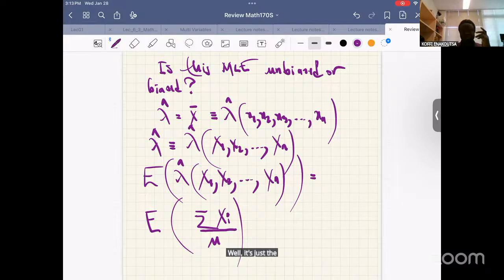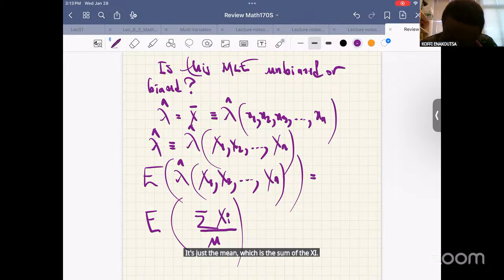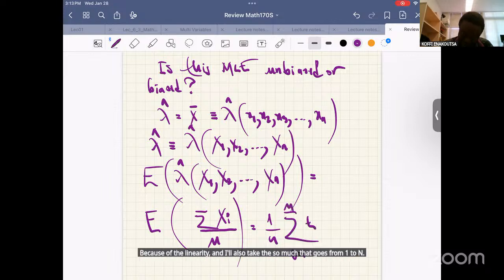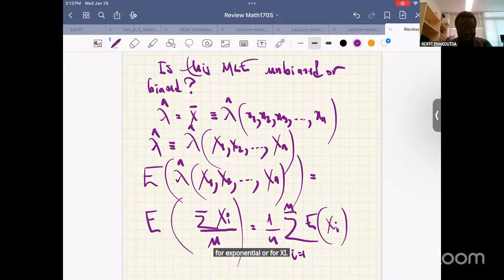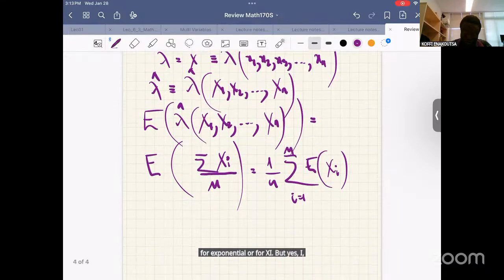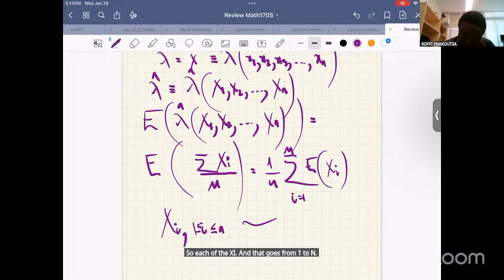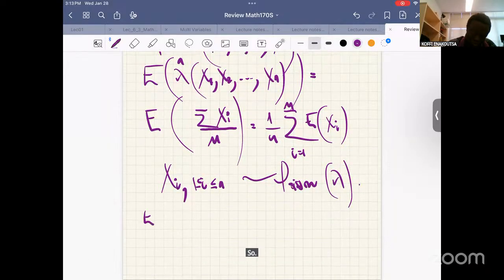I will take 1 divided by n out because of the linearity, and I'll also take the sum out, the sum of i from 1 to n of the expectation of Xi. But the Xi are Poisson random variables with parameter lambda. So the expected value of Xi is the rate. It always has been the rate.